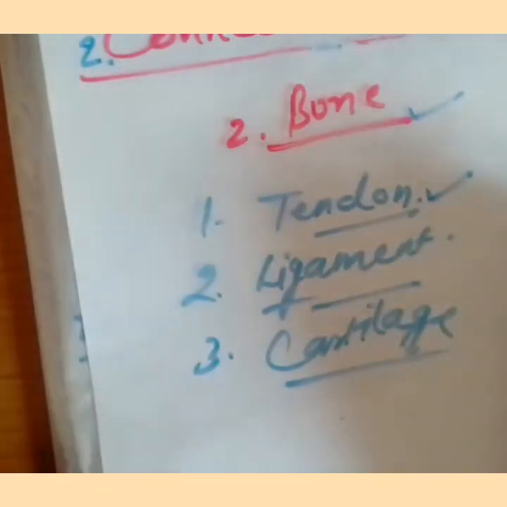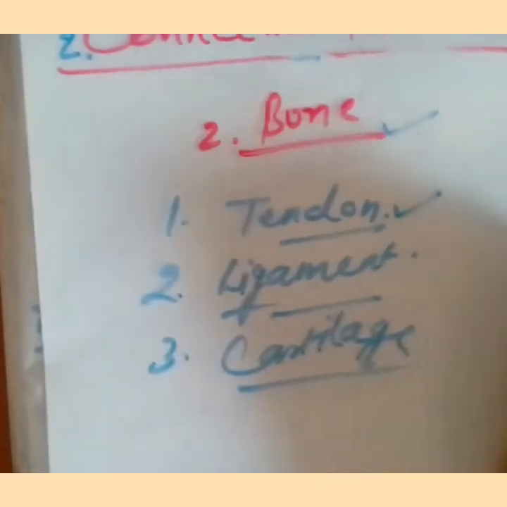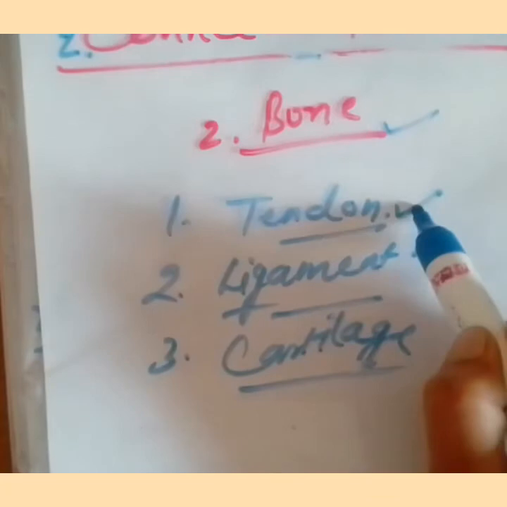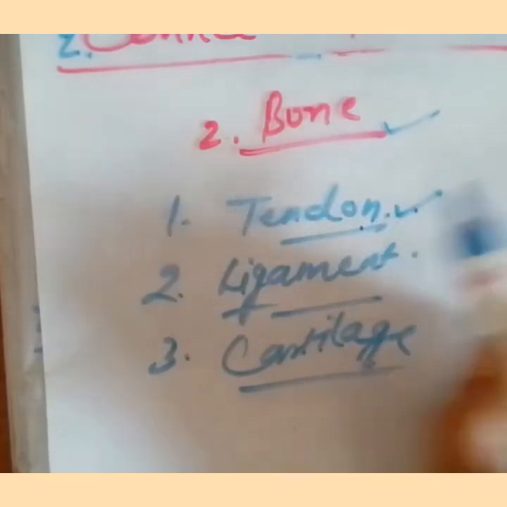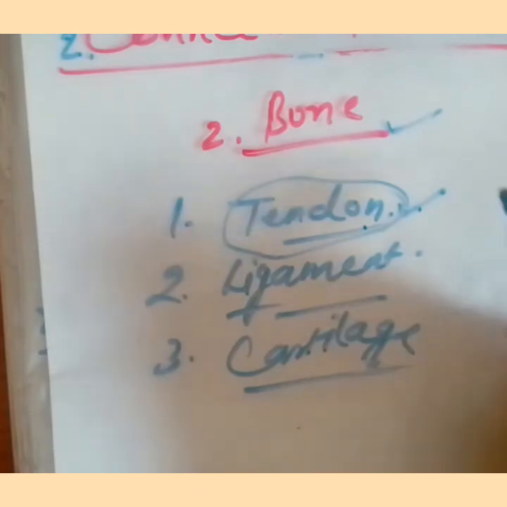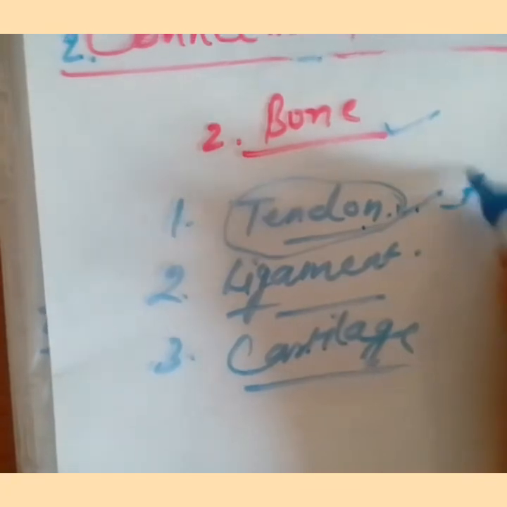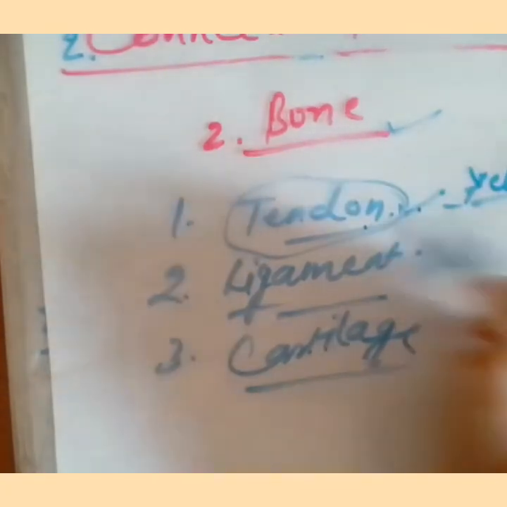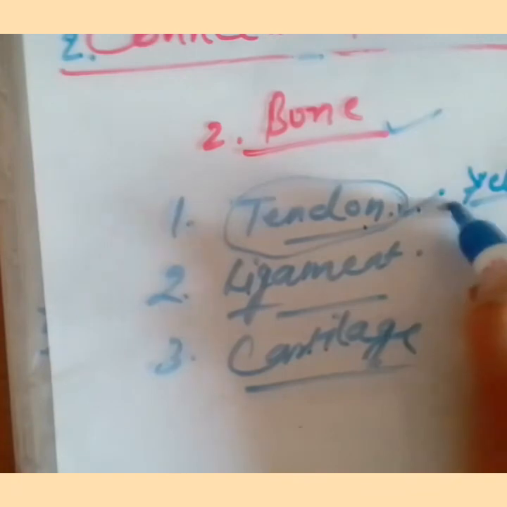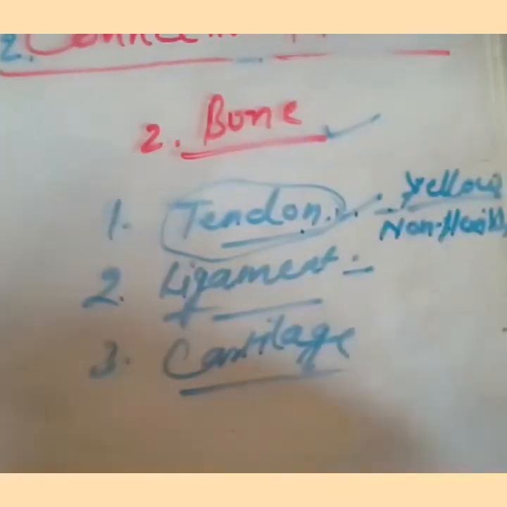Tendon, first of all, muscles are attached with the bones with the help of this tissue, the tendon, and they are fibrous in nature, right? Yellow fibrous tissue, this one, and non-flexible in nature. Second one is the ligament.